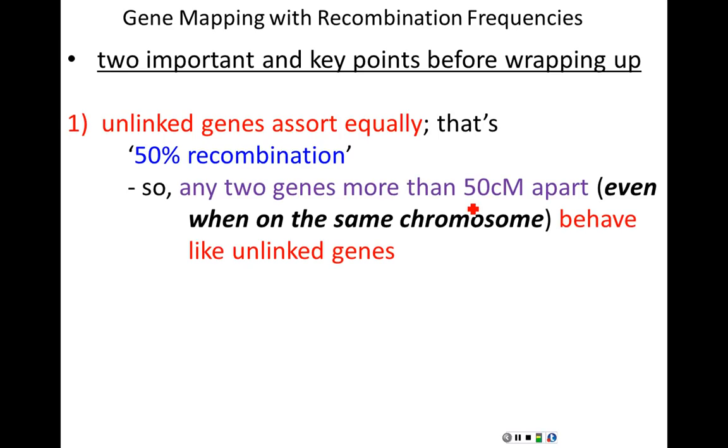What that means, though, to us, physically speaking, is that any two genes that are on the same chromosome, so yes, they're physically linked, they're found on the same chromosome molecule, but they're 50 centimorgans apart or more, they behave like unlinked genes. Why? Well, they're so far apart at 50 centimorgans that recombination occurs in between them as often as it doesn't.